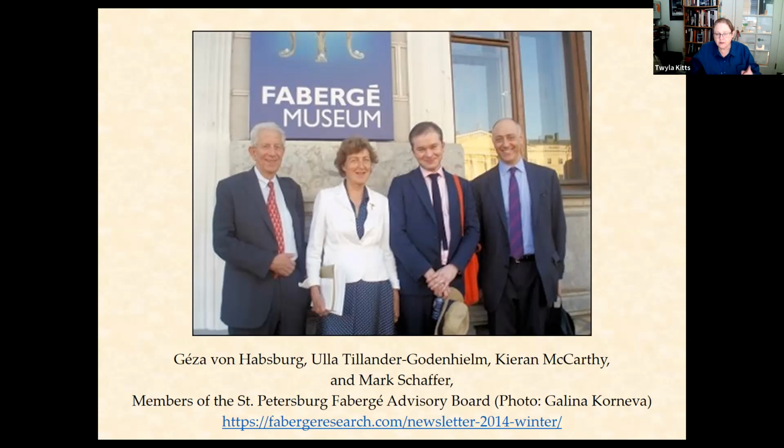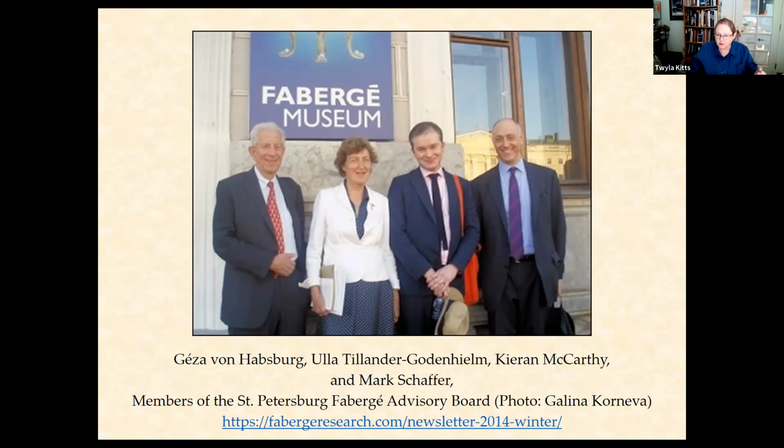Kieran McCarthy is the third fellow over there, and beside him on his right is Mark Schaefer, who is the son of the Alexander Schaefer who sold the egg to Mrs. Pratt. And then Geza von Habsburg, yes, those Habsburgs. He was once, I think, 13th in line for the throne of Belgium. He is also one of the foremost authorities on Fabergé in the United States.